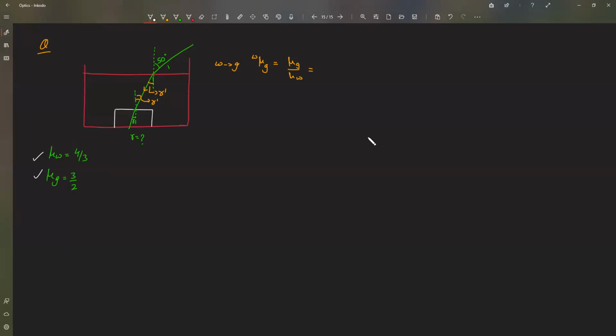That's how you actually reached sine 50 degree. So mu of glass by mu of water will be 3 by 2 divided by 4 by 3, which is 3 into 3, 9 divided by 8. So this is the mu at this junction. So here mu is equal to 9 by 8.